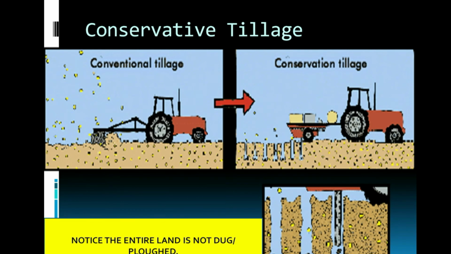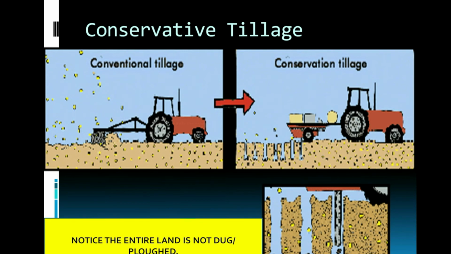But conservation or conservative tillage is different. A great surface area is not exposed. As a matter of fact, only specific areas which are deemed worthy for planting would be utilized. So no major disturbance is associated with conservative tillage. Moisture is allowed to be retained, as well as nutrients.